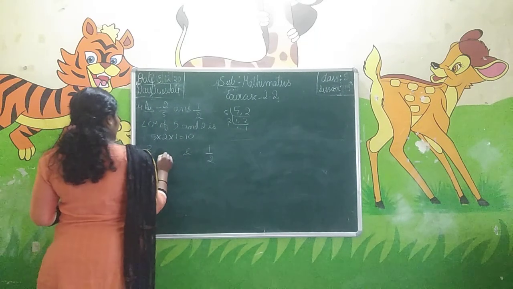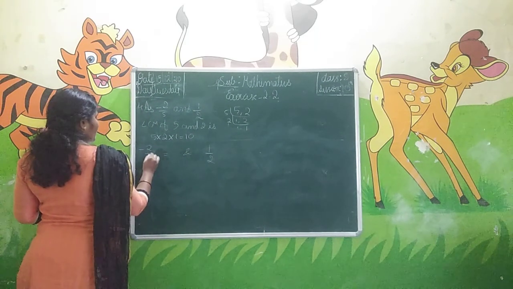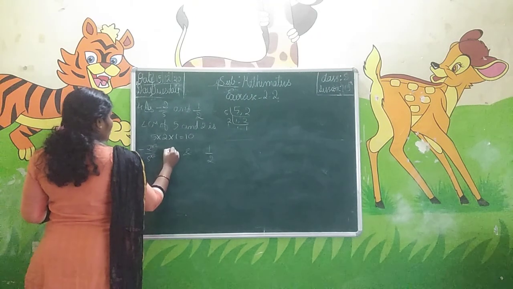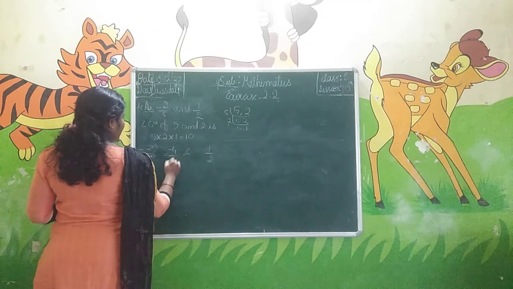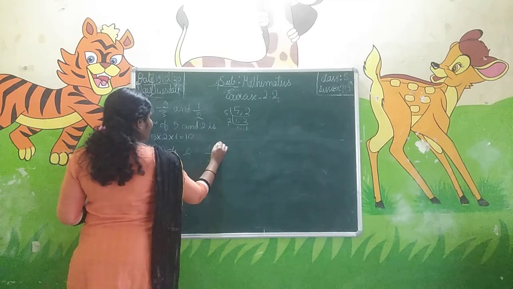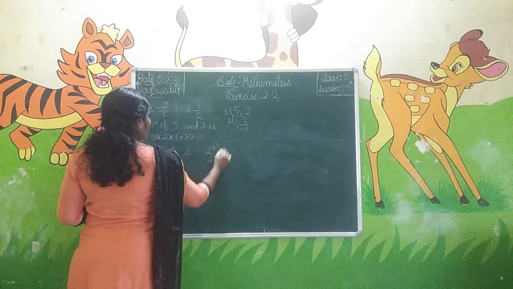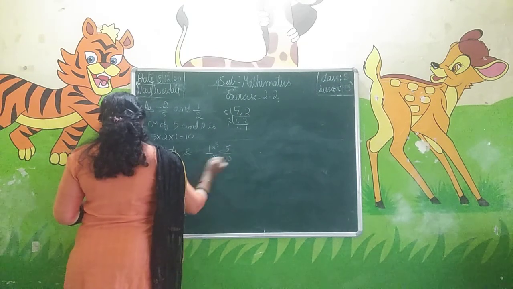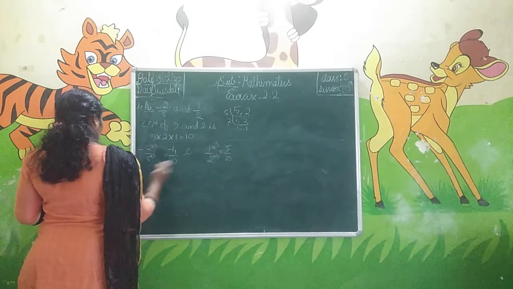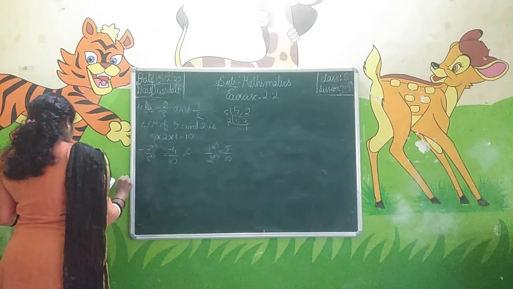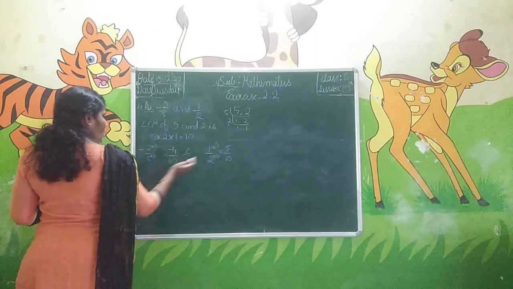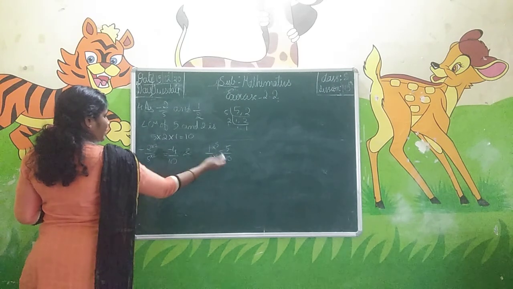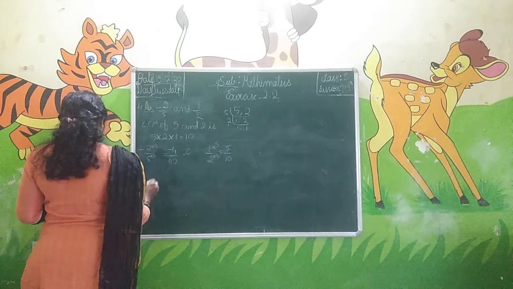Okay, we should get the same number as a denominator. To get 10, we have to multiply with 2. 2 2s are 4, minus 4 by 10, and for 1 by 2, 5 ones are 5, 5 2s are 10, 5 by 10. When there is a common denominator, it is very easy to write the numbers. So we have to find 10 different numbers between minus 4 by 10 and 5 by 10.